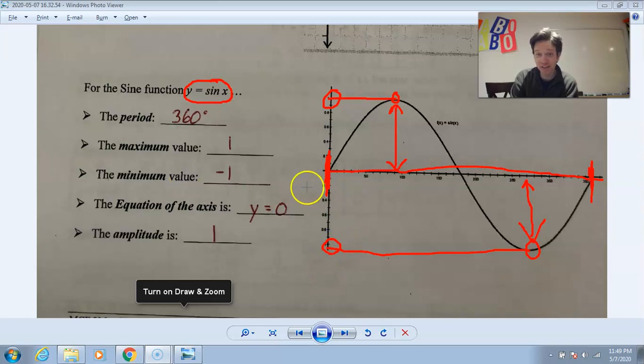And then the equation of the axis will always be y equals something. In this case, this middle line always has the y value of 0. So your equation of the axis is y equals 0. And your amplitude would be the distance between that line and either your crest or your trough, your maxima or your minima. In this case, 1. So your amplitude is 1.